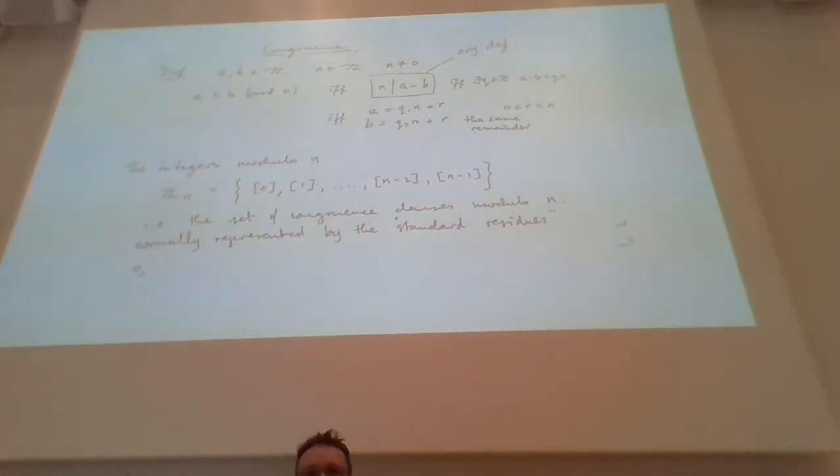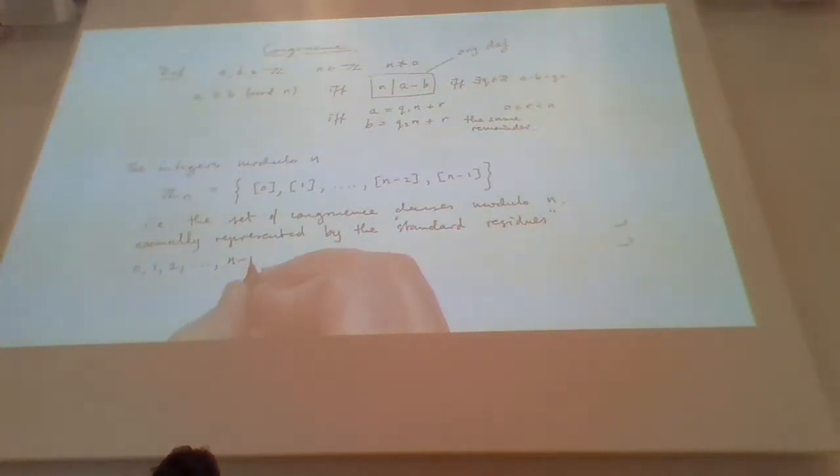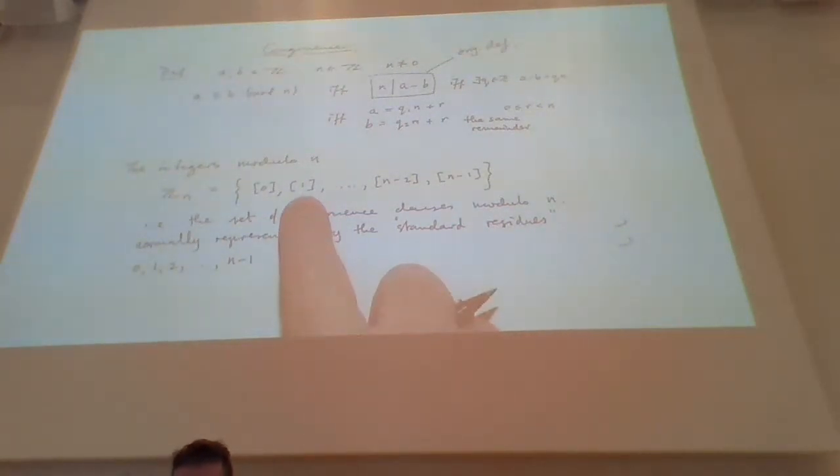Try as you might, when you divide things by n, there's always these small remainders knocking around. These are normally taken to be the representatives of these congruence classes, but they don't have to be. In principle, you can choose any integer in any of these congruence classes to represent the congruence class.